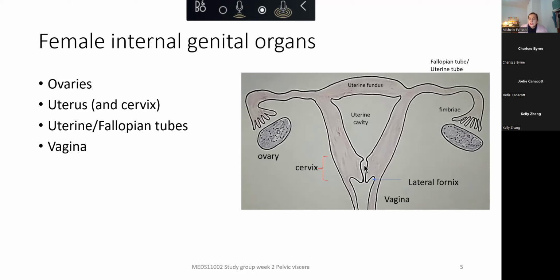The baby should not sit in the cervical canal. It's a passageway in which the baby will exit through the vagina in a vaginal delivery. So even when someone's pregnant, the baby is maintained up in this uterine cavity, and this cervical canal should be closed.